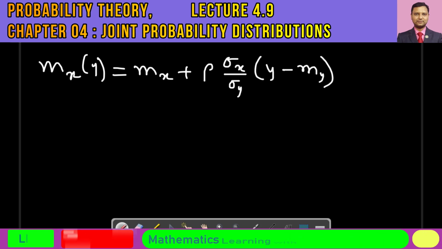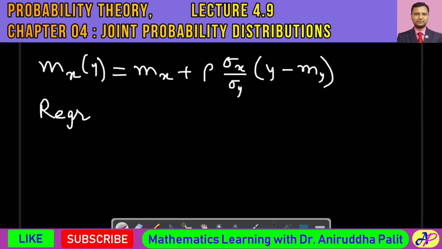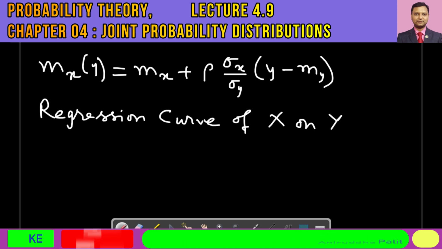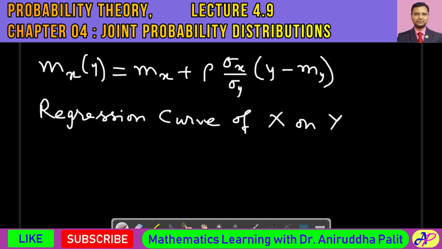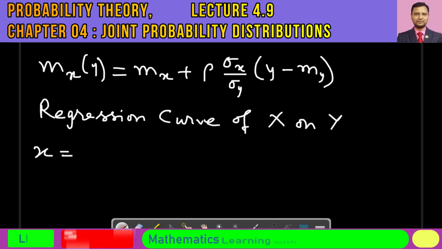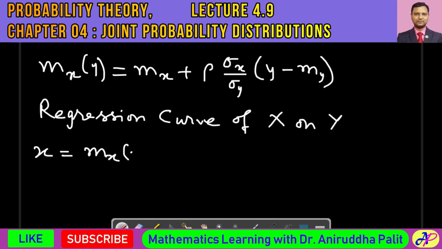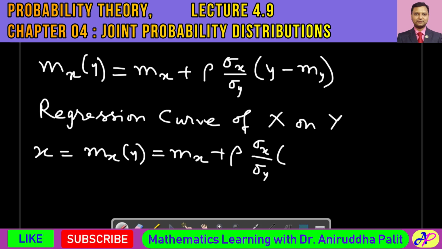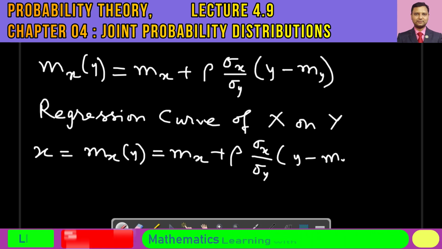So what would be the regression curve of x on y? As per the definition, x is equal to m_x(y). So we write this entire expression: m_x plus rho into sigma_x by sigma_y multiplied by (y minus m_y).